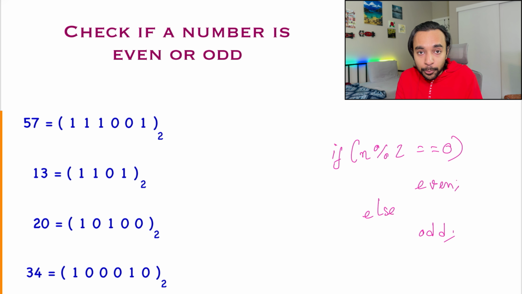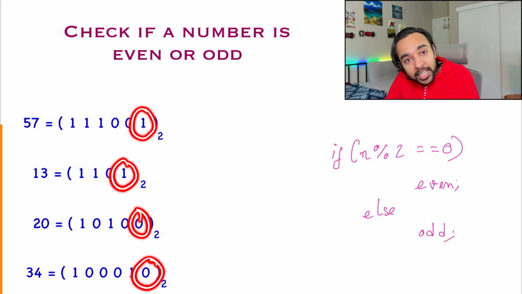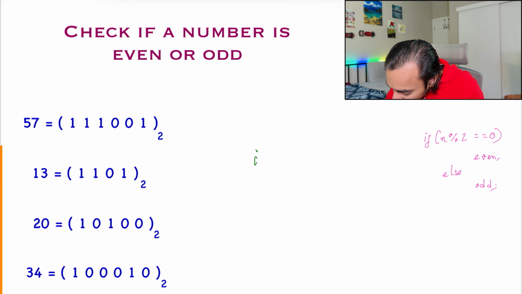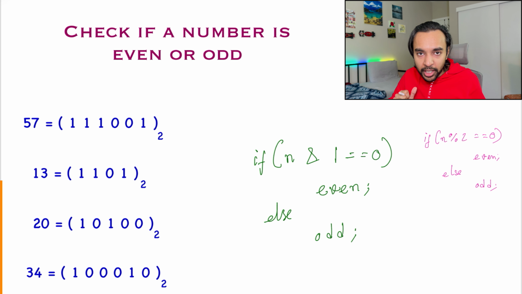So what does that tell you? If you can just check this last bit, then you can easily determine if the number is even or odd. So instead of my traditional method, can I do something like this? If my number AND 1 is equal to 0, then my number is even, else my number is odd. Will this work out?